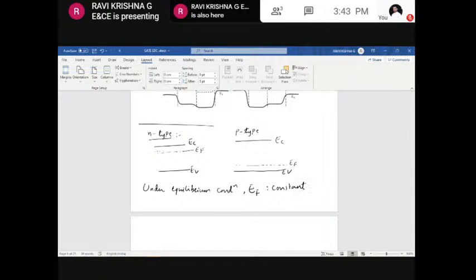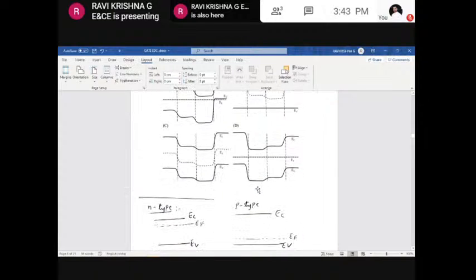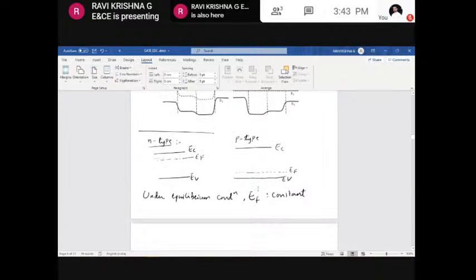Here also we need to consider the equilibrium condition, because we need to identify the correct energy band diagram for the particular structure under equilibrium condition. The Fermi level in that energy band diagram will be constant.